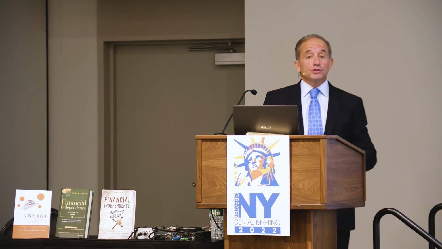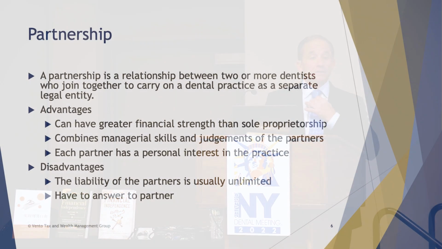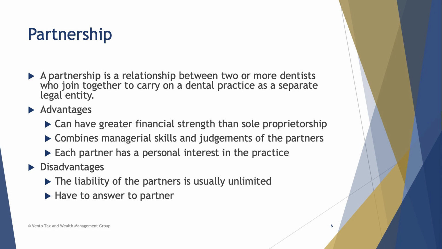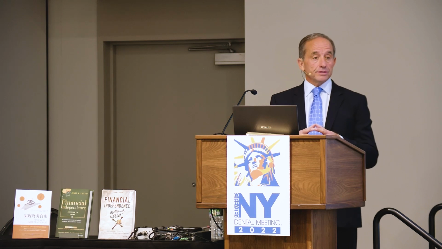The other entity form is called a partnership. In order to have a partnership, what do you think we need? A partner, exactly. So you have to be two or more people to create a partnership. If you're a one-person show, obviously we cannot set you up under a partnership. I do not like partnerships at all when it comes to entity choices.